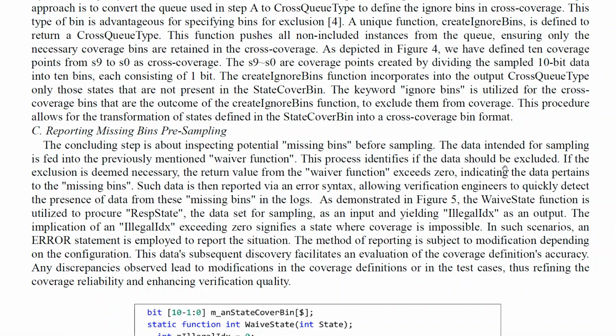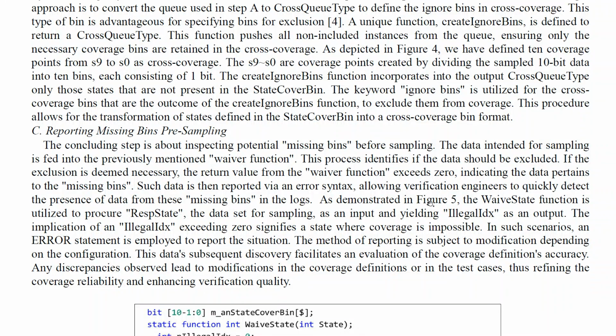If the inclusion is deemed necessary, the return value from the waiver function exceeds 0, indicating the data pertains to the missing bins. Such data is then reported via an error syntax, allowing verification engineers to quickly detect the presence of data from these missing bins in the logs.